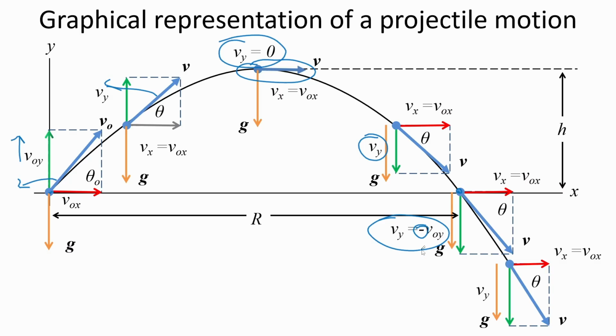And ang assumption diri is ang acceleration along x is 0, meaning constant. So ang imo v naught x or ang vx nimo will be the same, equal to v naught x, okay, at all points class. Of course there are some conditions, like gineglect ang air resistance to be able to do that one.